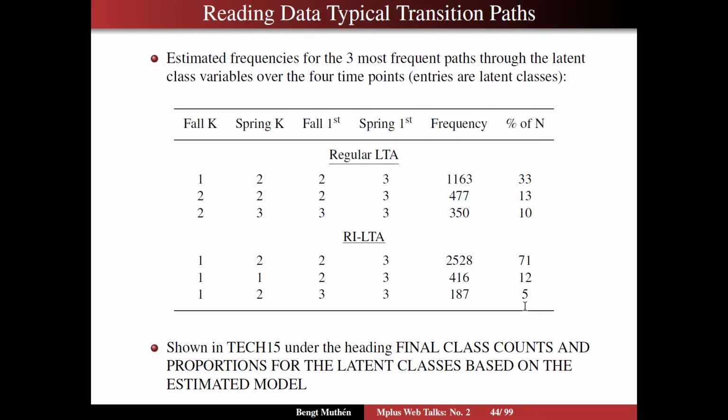So clear differences. And again, just to remind you that this kind of information is shown in Tech 15 under the heading Final Class Counts and the proportions for the latent classes based on the estimated model.